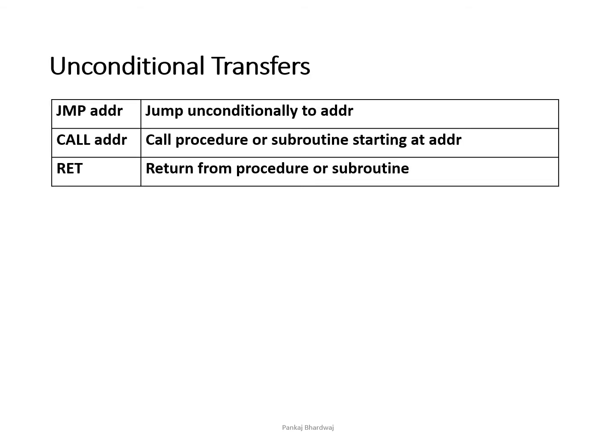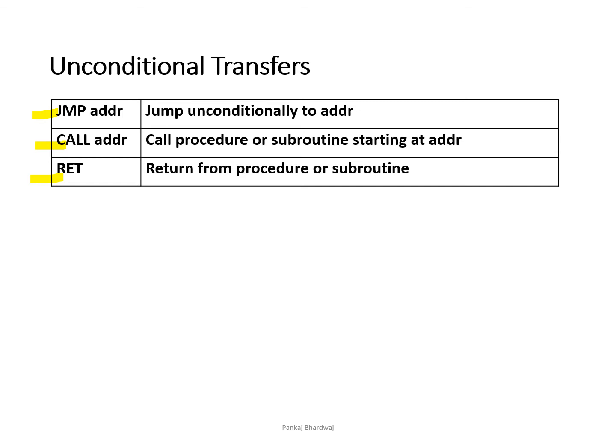Starting from the unconditional transfer, we have jump, call and return, similar to 8085 that we have studied. Jump takes the address to which we want to jump, to execute the next instruction.